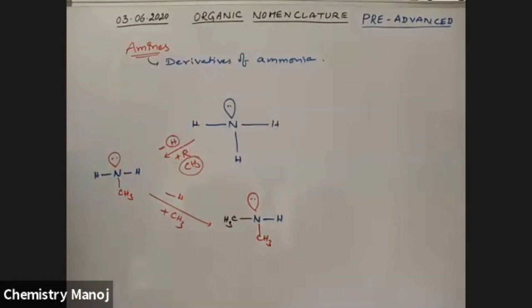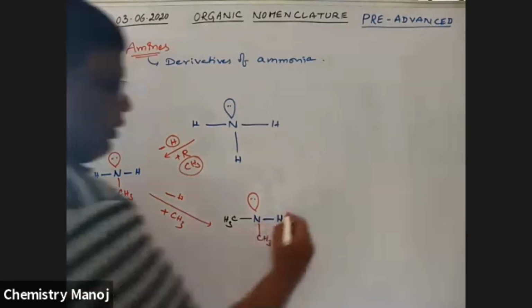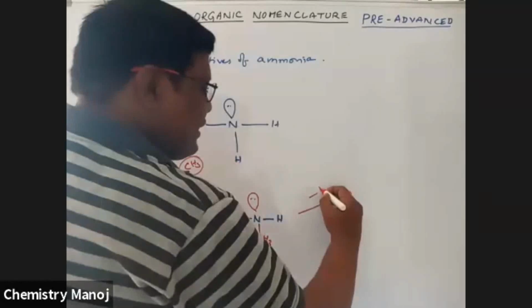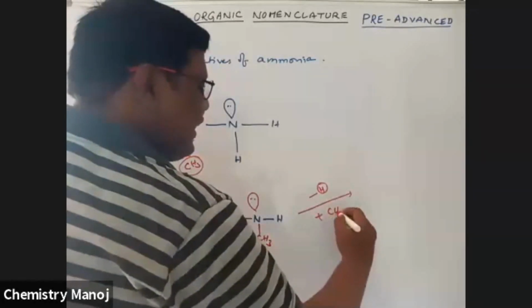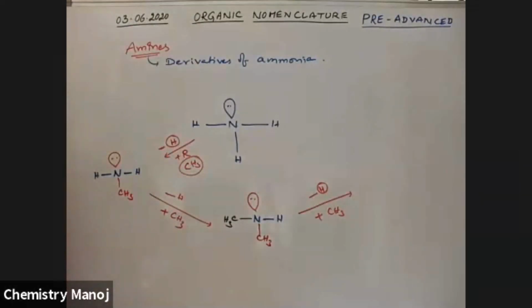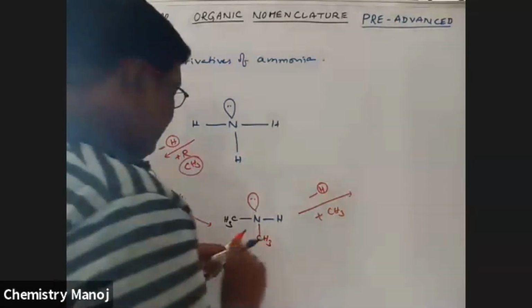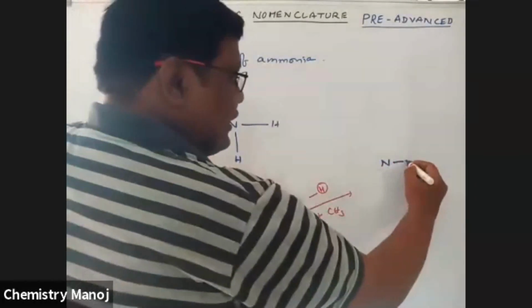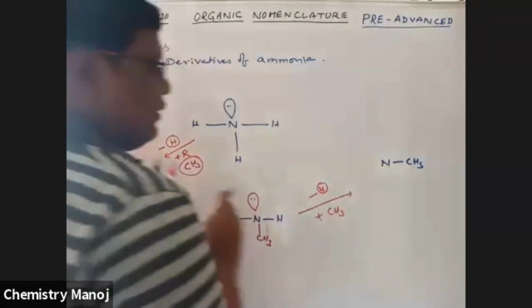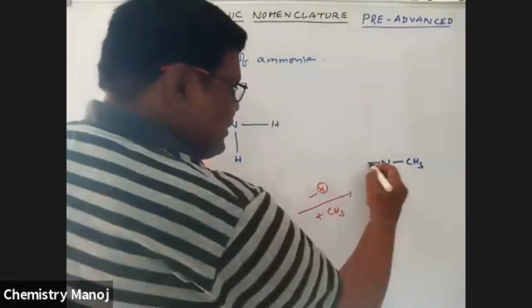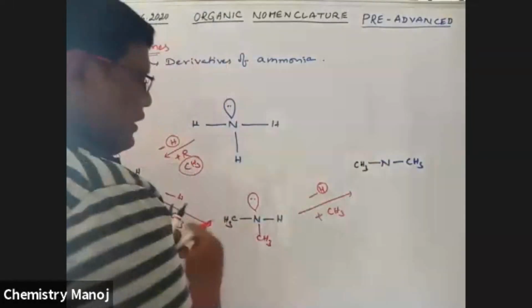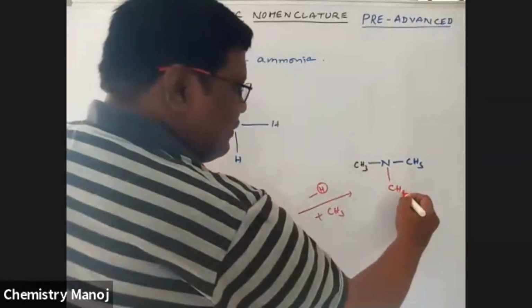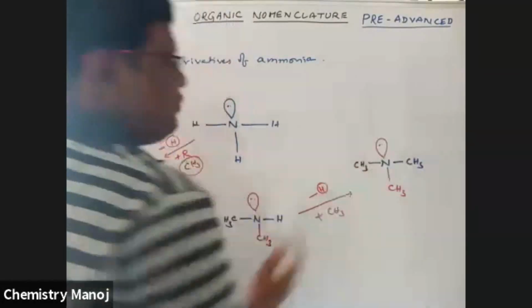Next, once again, minus hydrogen plus CH3, and the one more hydrogen that is there is replaced. So therefore, see here, this is nitrogen, this is CH3, this is CH3, this is CH3, with a lone pair.